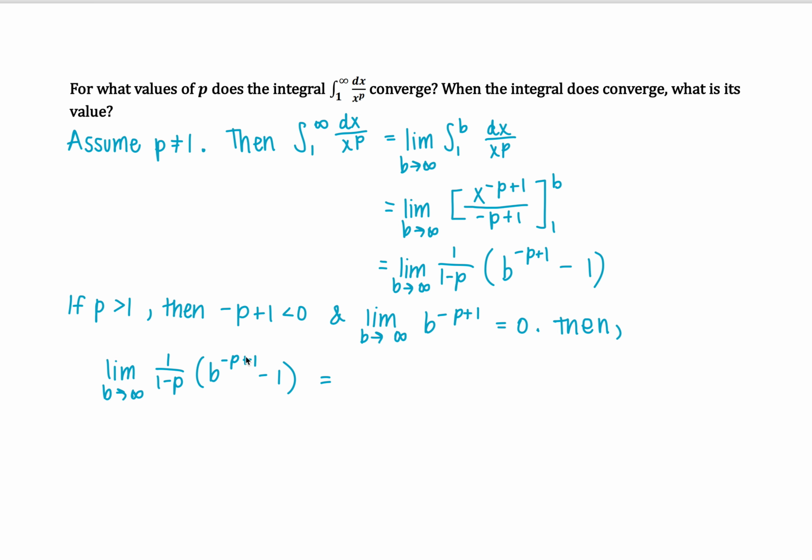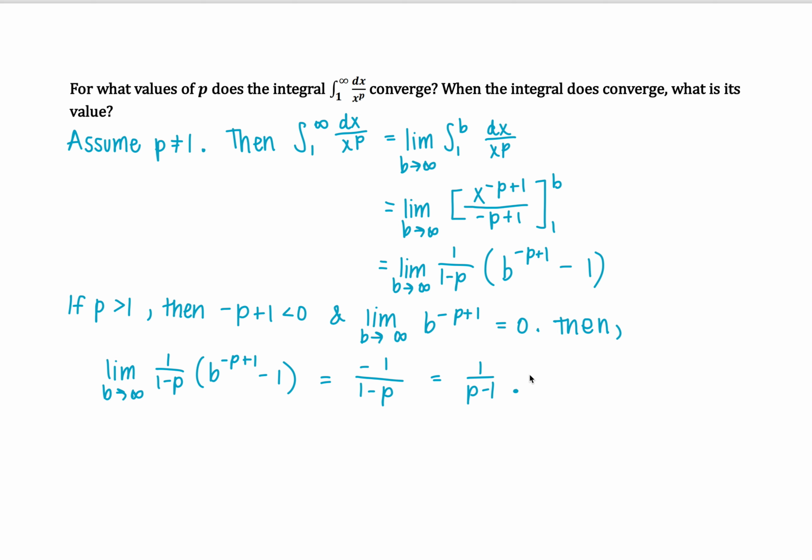So remember, this goes to 0. Again, we're assuming that p is greater than 1 right now. This goes to 0. So we have negative 1 over 1 minus p. If I take that negative to the denominator, I could write this as 1 over p minus 1. So great. If p is greater than 1, this is going to converge, and it's going to converge to the value 1 over p minus 1.